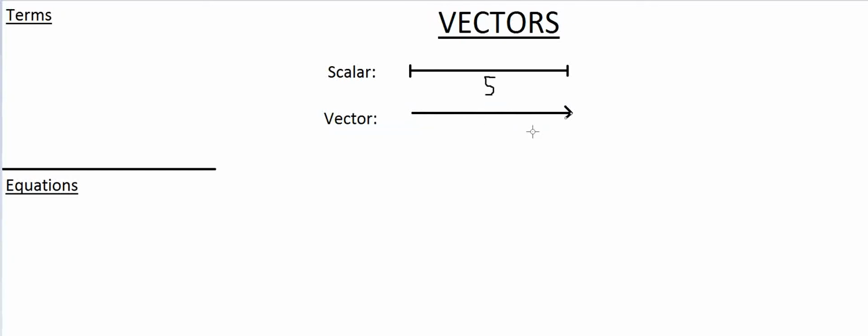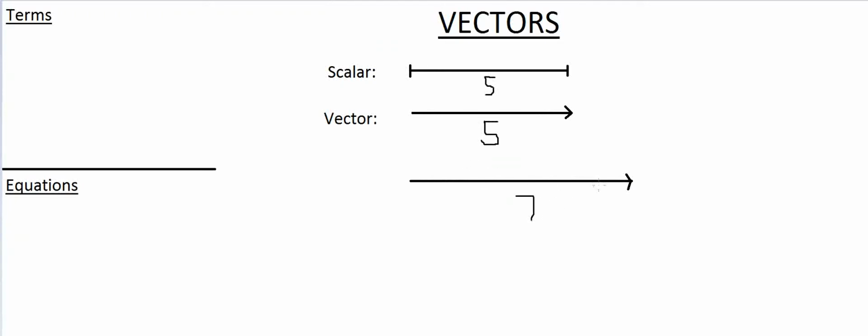In this case it's pointing to the right, and let's say it also has a magnitude of 5. The magnitude is basically how long the scalar or vector is. So if this is 5, you can have a longer vector or scalar with a magnitude of, say, 7.